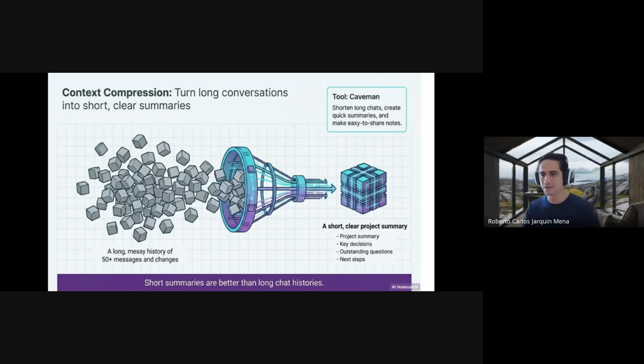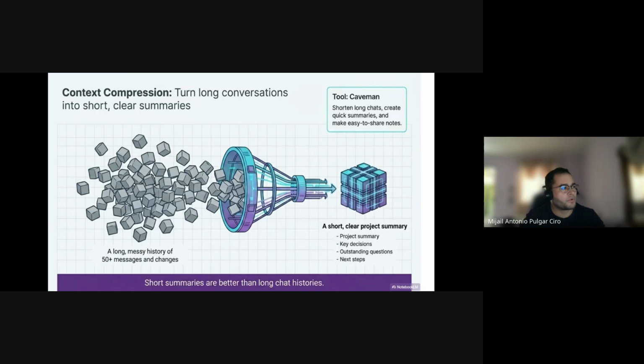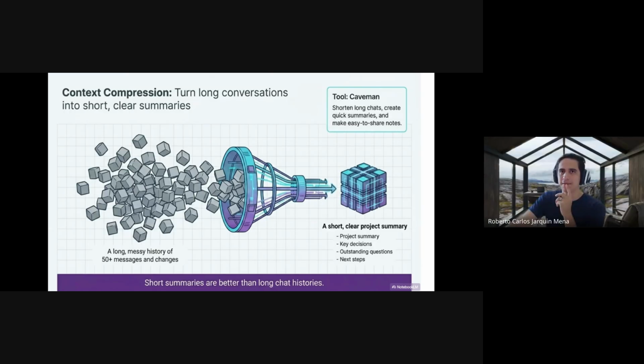Mio, you asked me, which is the best approach? If I have a huge task, which is the best one, to compress or to ask the AI to give me a summary and then start a new chat? Yeah, it depends on the content you have at that moment. If your content is around 50 messages, it will be a better idea to compress.